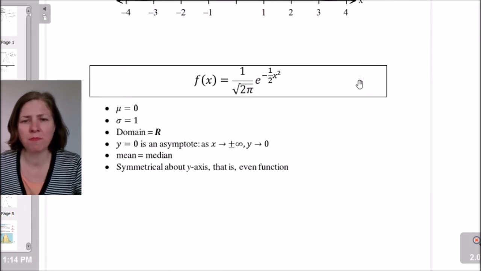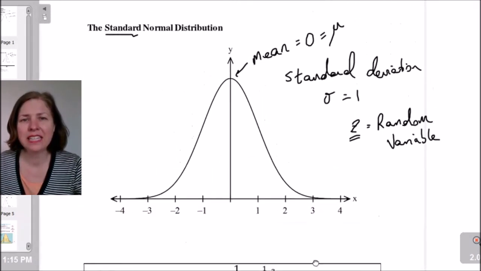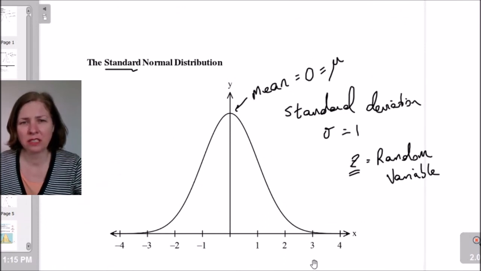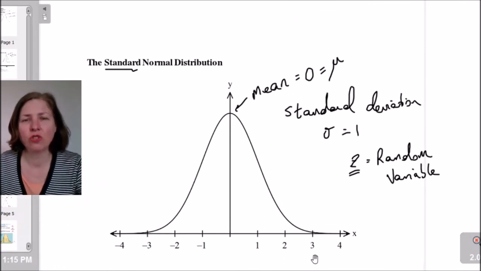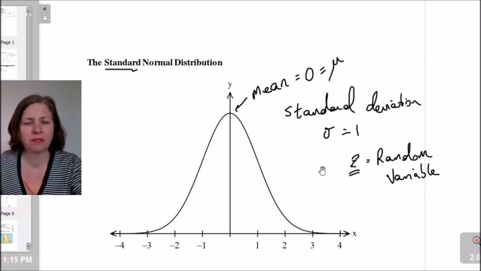And of course, it's symmetrical about the y-axis, which makes it an even function. Now, only the standard normal distribution is symmetrical about the y-axis. The general distribution is not symmetrical about the y-axis, but it is always symmetrical about the mean. Okay.